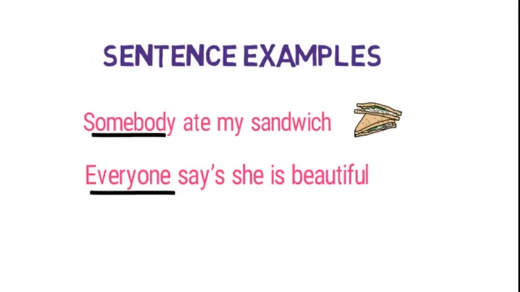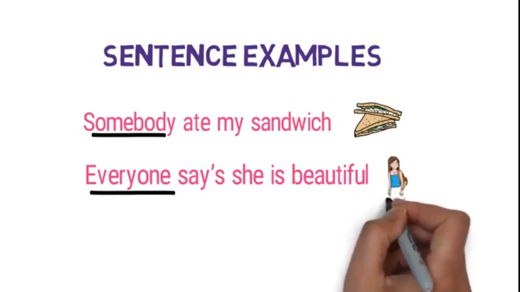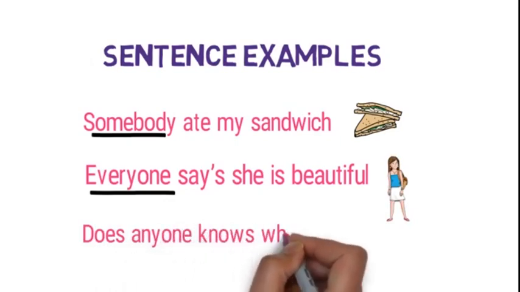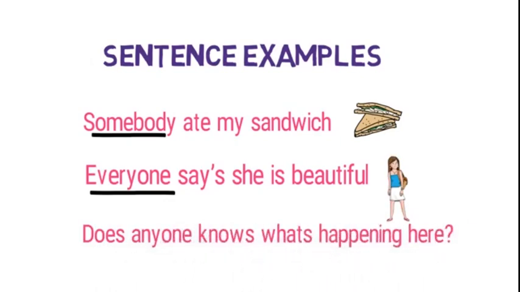We are using a general term, everyone, here. Does anyone know what's happening here? Here, anyone is used as an indefinite pronoun as the person is asking in general to all. So remember, when you do not want to project any exact person or thing, they are used.